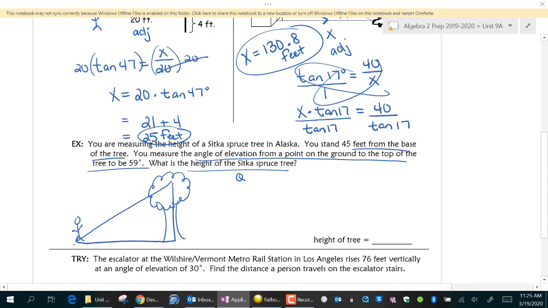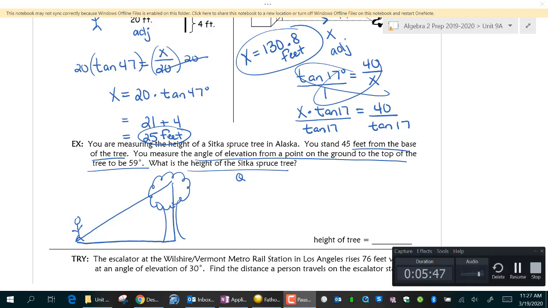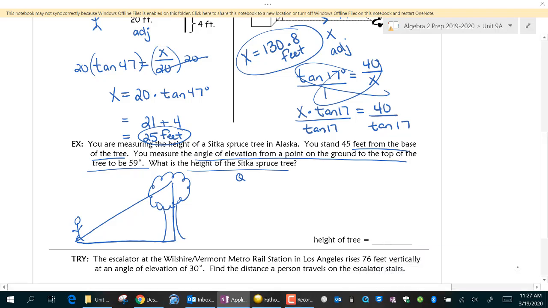There we go. So it says you stand 45 feet from the base of the tree. So that distance goes down here. And then the angle of elevation from a point on the ground to the top of the tree is 59 degrees. And we want to figure out the height of the tree. So I'm going to put X over there. So again, I figure out which trig function I need to use. So if I'm solving for the opposite side and we have the adjacent, I'm going to use tangent again.